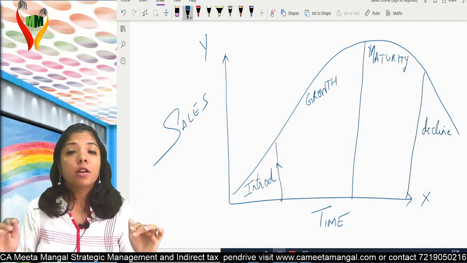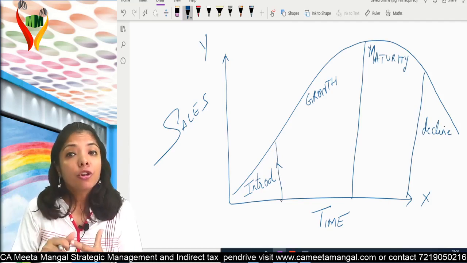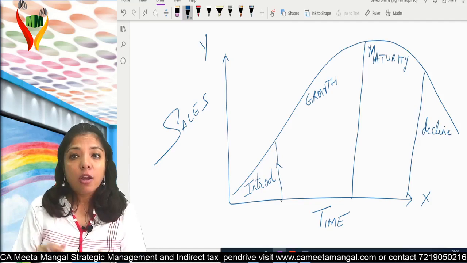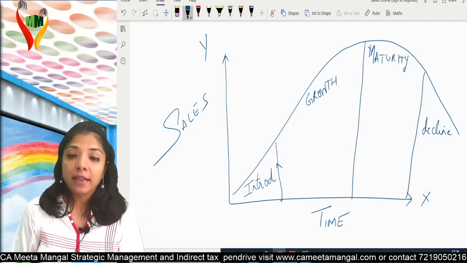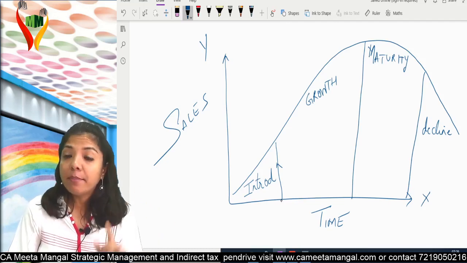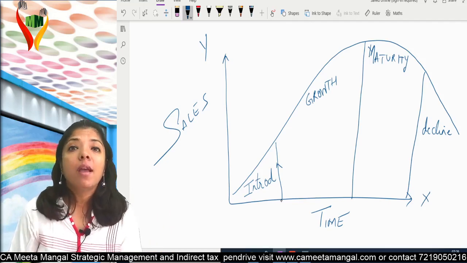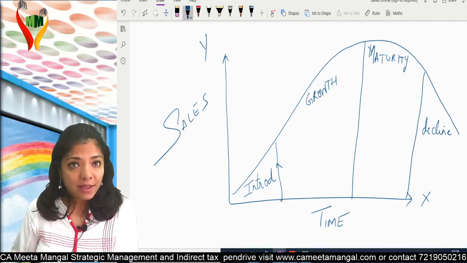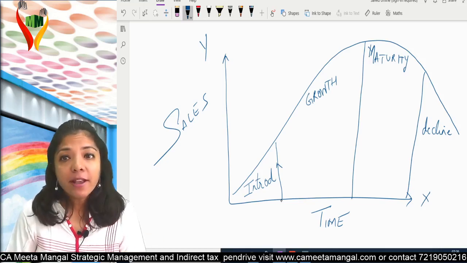So how many phases are there in a life cycle? 4. Introduction, growth, maturity and decline. On x-axis you have time, on y-axis you have sales. I'll go in depth when I do question number 14, but you should know this: before entering into the industry, see where the product is on the life cycle. Is it at introduction, growth, maturity or decline phase?